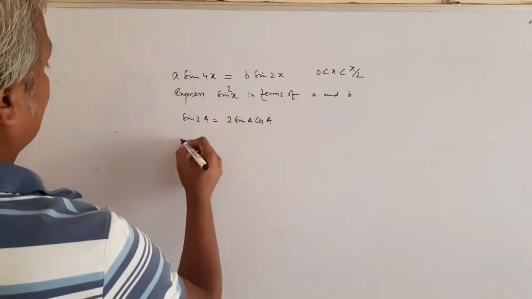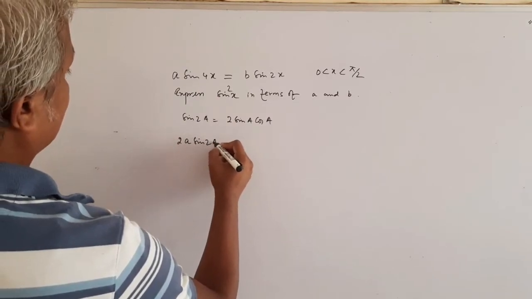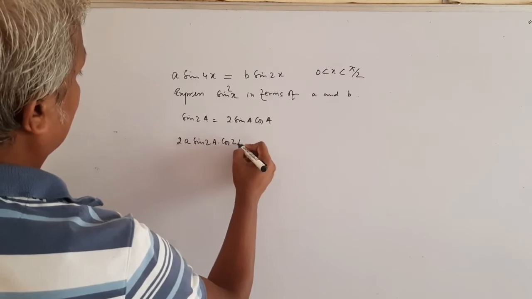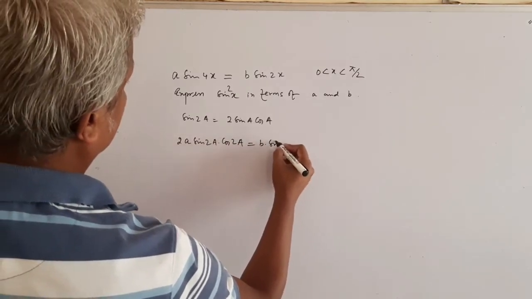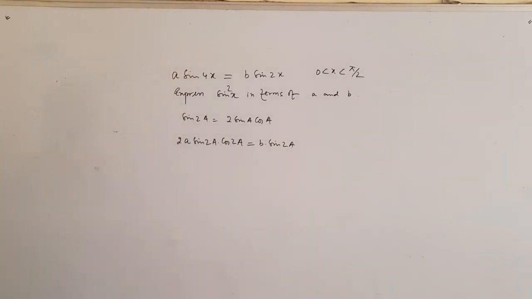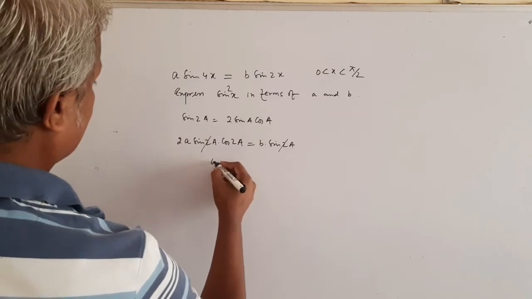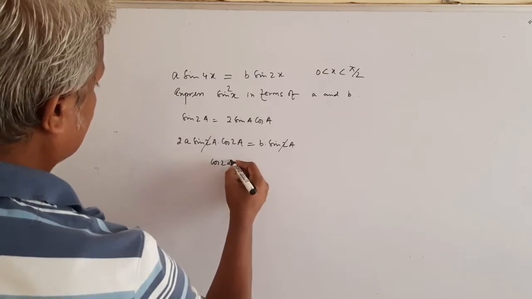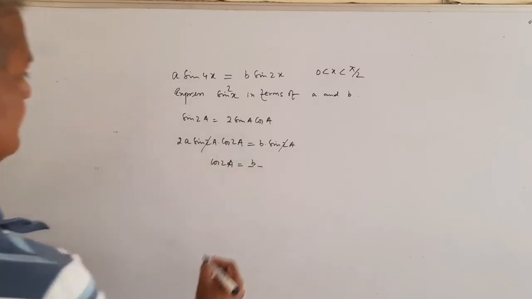So sine 4a can be written as 2 sine 2a cos 2a, and A times that is B sine 2a. So I can get rid of sine 2a, and I get cos 2a is B over 2A.